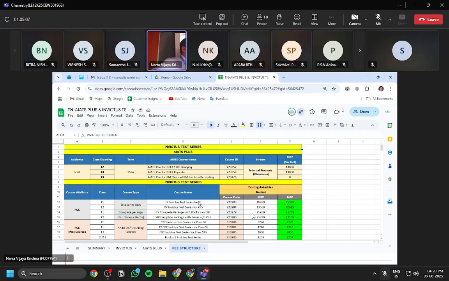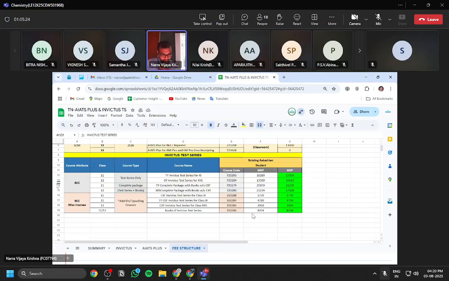Hemarudra, can you manage time? Nishita, Deshna, what's your name? Can you manage? You will see the fee structure. Class 12 fees, I think 10,619 rupees. Only test series. Complete package, no need, sir. For 11th, okay, they will have some time. 12th, they will not have time.